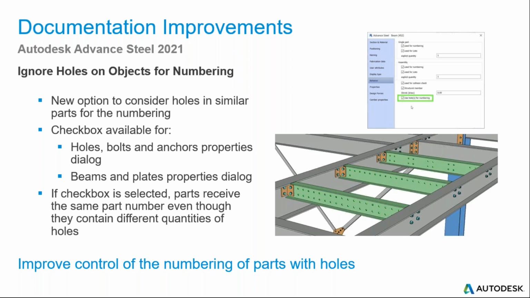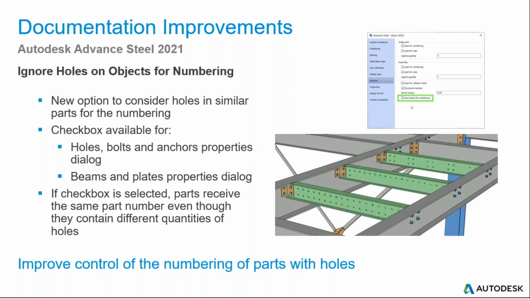Another enhancement has been in terms of ignoring the holes on objects while we are doing the numbering operation. So when working with steel components in Advanced Steel, sometimes it may be preferred to not consider the holes on the parts to drive the numbering for those elements.